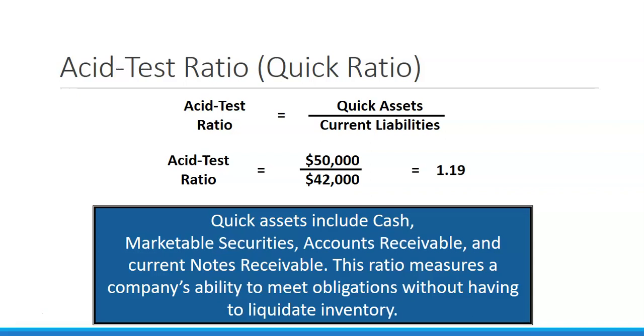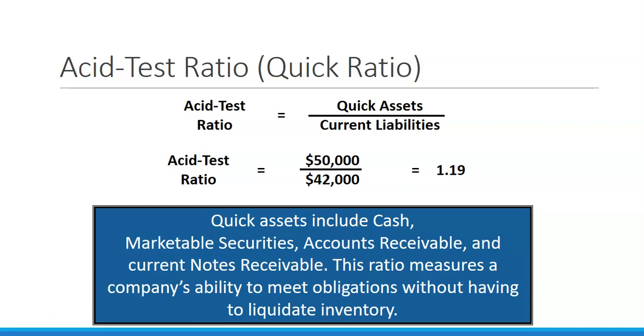It's similar to the current ratio, except that it removes inventory calculations from the current ratio. So we use quick assets, and quick assets are cash, short-term securities, accounts receivable, and short-term or current notes receivable.